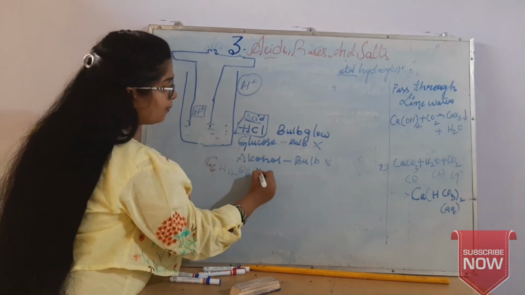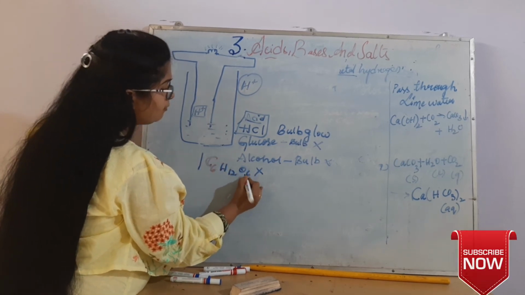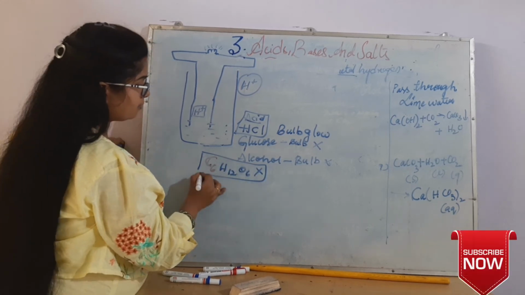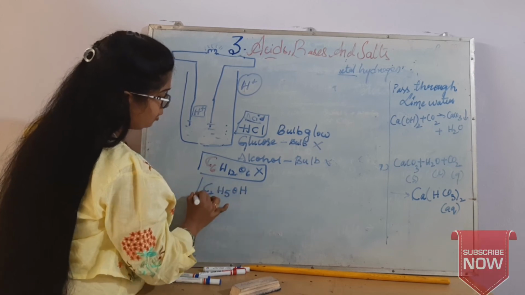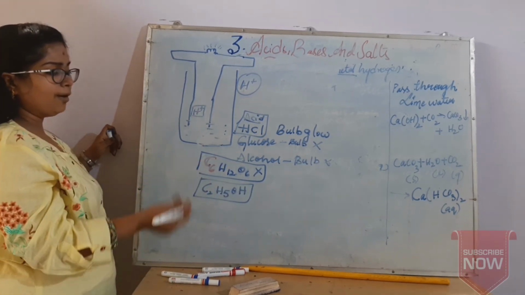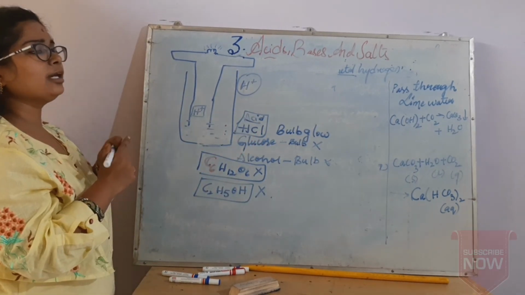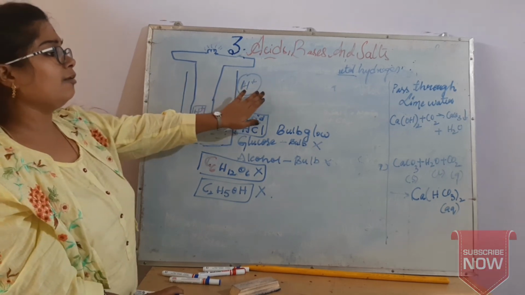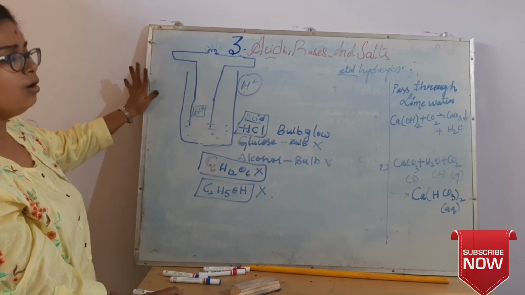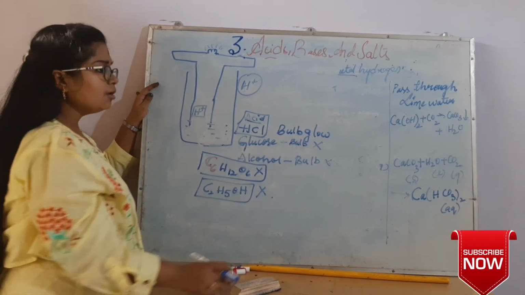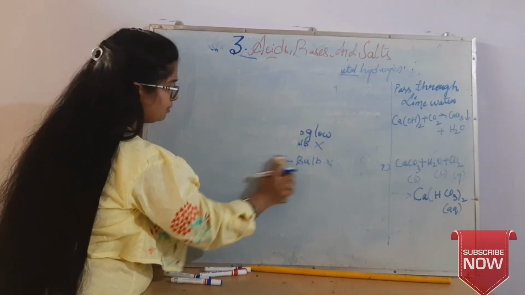In the case of alcohol, C2H5OH, also there are no positive H plus ions, so they are not going to glow. So from this you can conclude that the splitting of H plus ions takes place in acids, which makes the bulb glow.